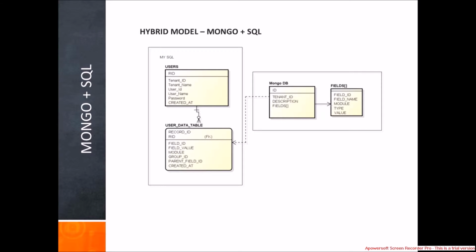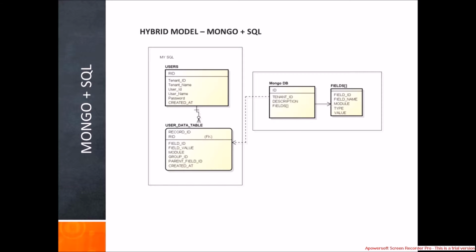The user_data_table contains field ID and field values with parent field ID and module. Field ID and field values represent the fields or columns that belong to each tenant. So each tenant will fetch their own schema from the Mongo database and save the values into the MySQL database as key field ID, values.